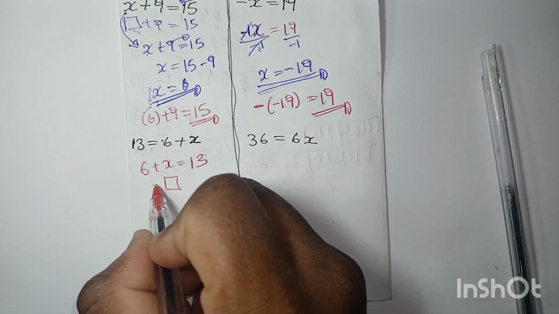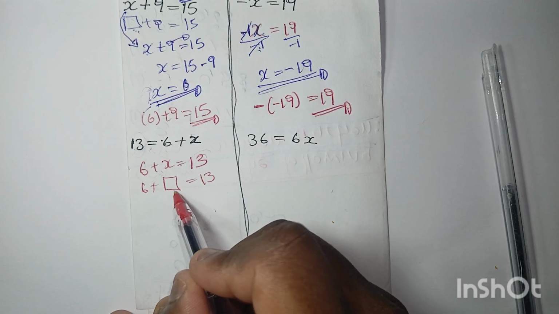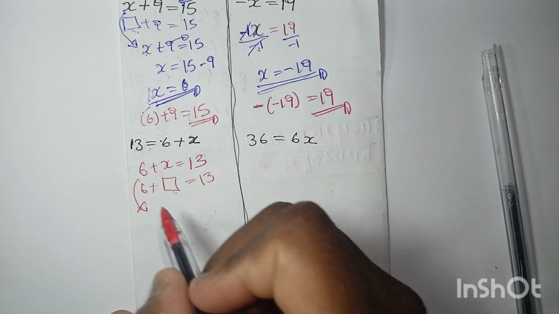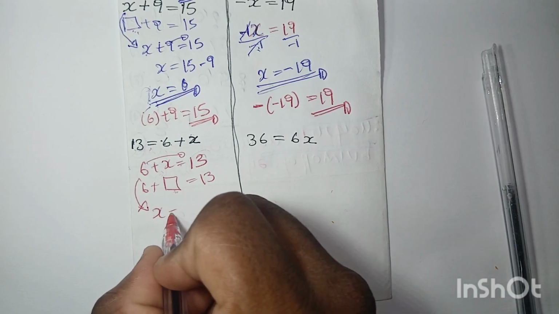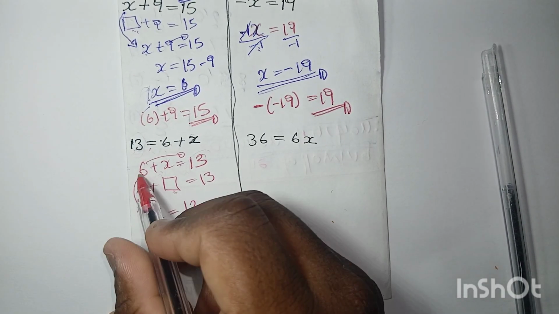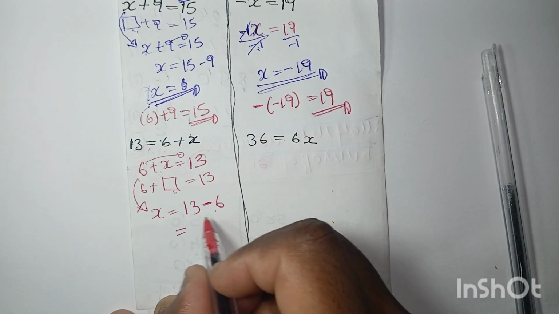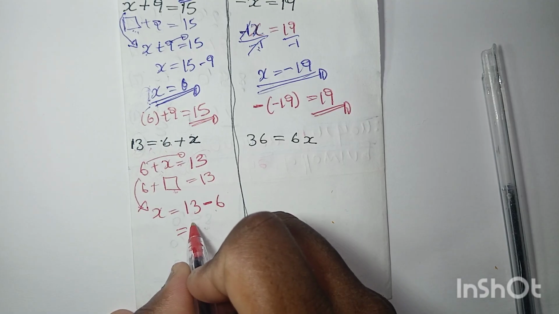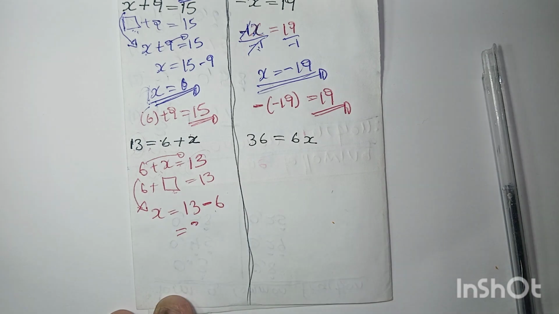What must be inside the box in order for me to get 13? To identify what must be inside the box here, what I should do is take this number to the other side so that x can be alone. It will change the sign when it goes to the other side. This thing will give me what? I think it will give me 9 if I'm not lying. Yeah, I think it is 9. It is 9. I'm kidding.